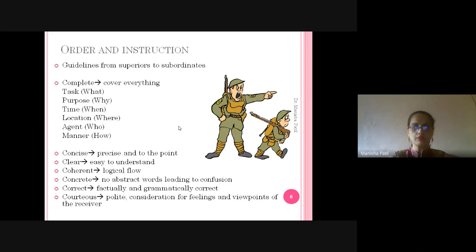And we are going to come across these words again and again. These 7 C's you have to learn by heart. Complete, concise, clear, coherent, concrete, correct, and courteous.